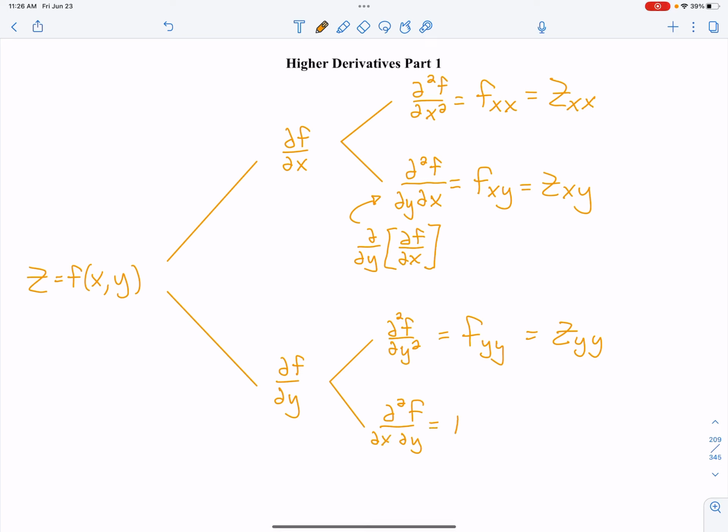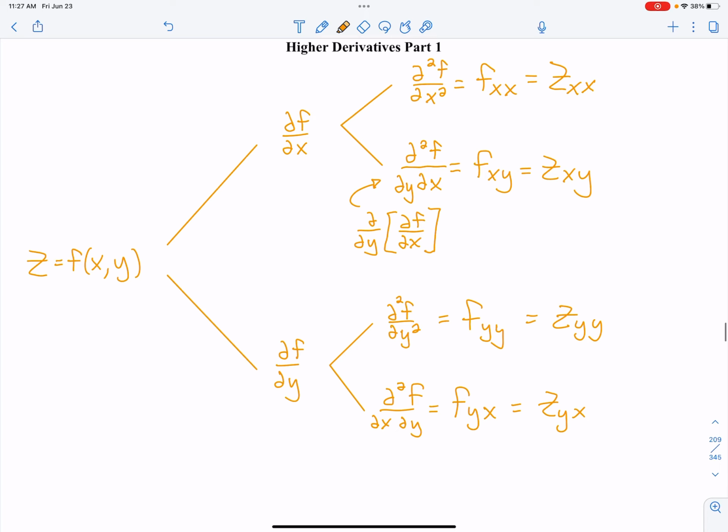That's the same thing as fyx or zyx. So you just have to get that straight. The confusing part will be this and this, and this and this. You just got to remember that the first one is the one closest to the f. All right, let's run through an example, and then there's an observation that I really want to make given this next example.